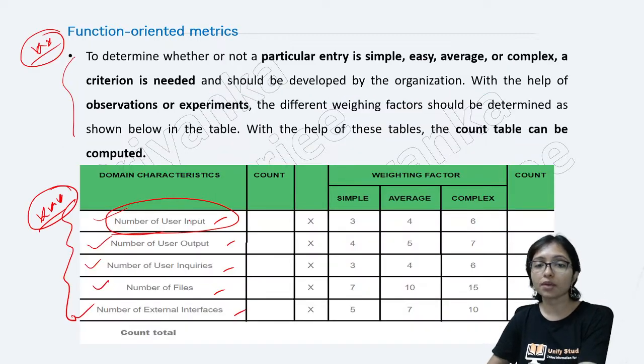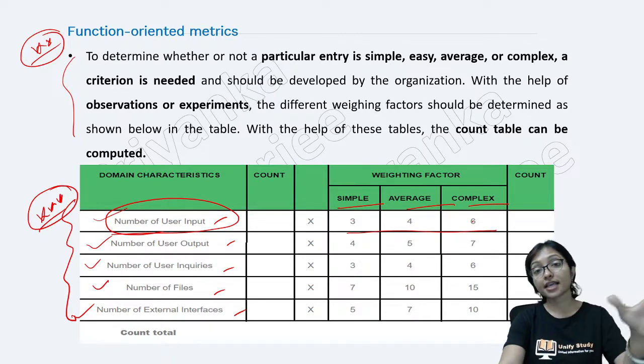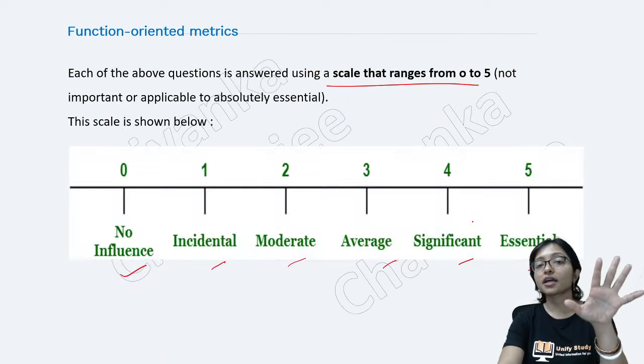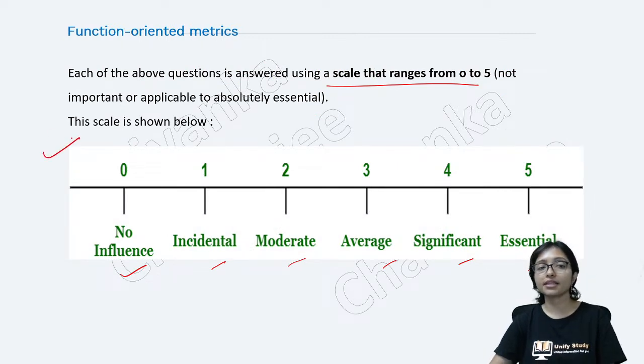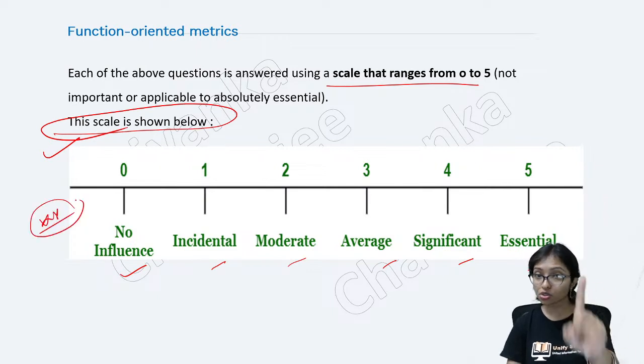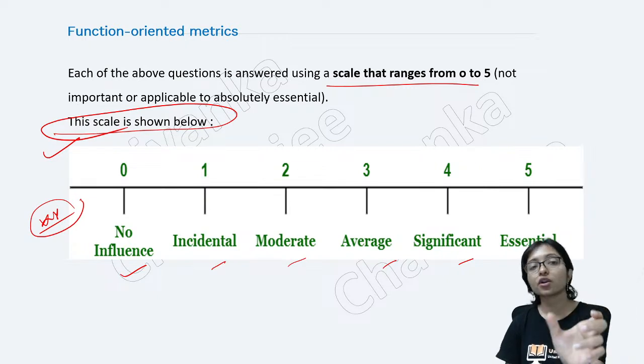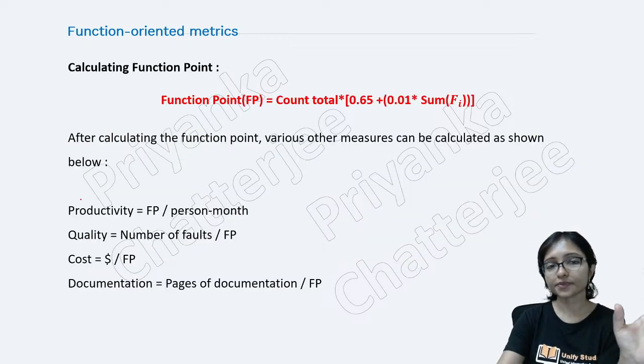Number of user inputs: is it simple, average, complex? According to that, the weights are given. Five characteristics, everyone has different measurements. These are the scales of the function oriented metric. Very, very important. Numericals are also coming, and your points are also very important here.